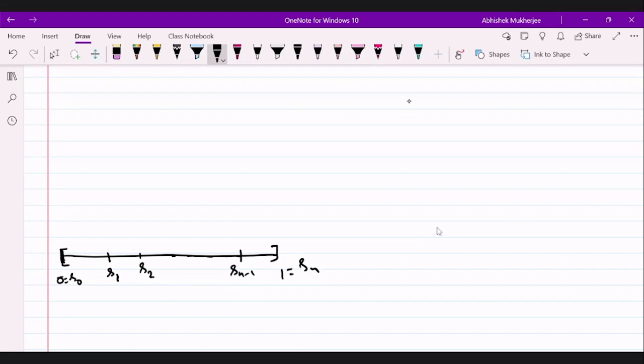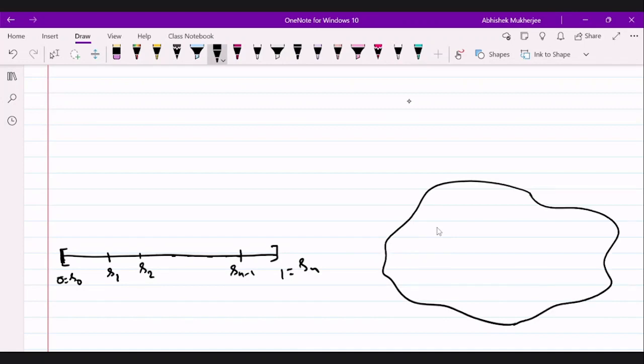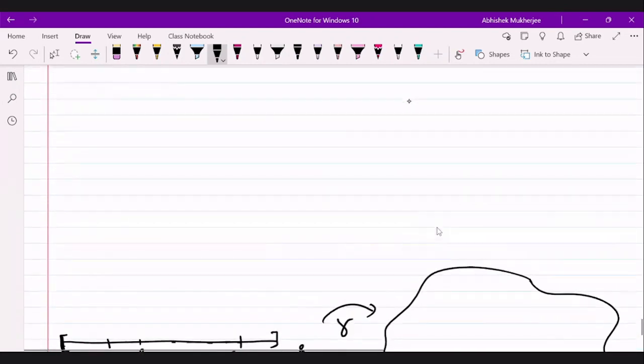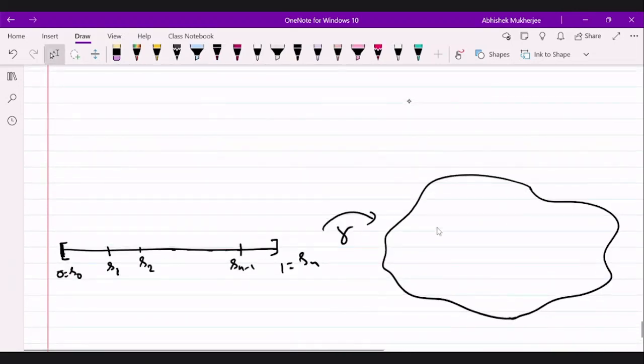Now, the path is given here, it is gamma. So this is your B naught.